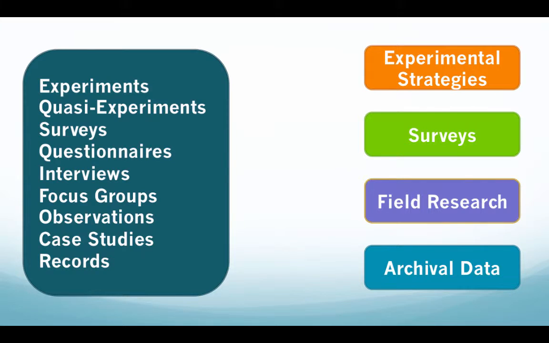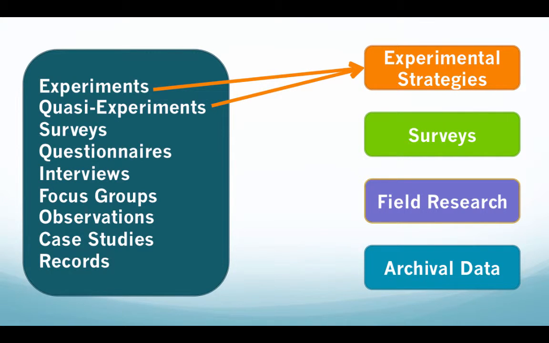The Singleton and Straits chapter you read for this class presented four principal research strategies. They include experimental strategies, surveys, field research, and archival data. The research methods fall into these four categories. Most fall into just one, but a couple of the methods overlap strategies. Let's first look at where the methods fall.